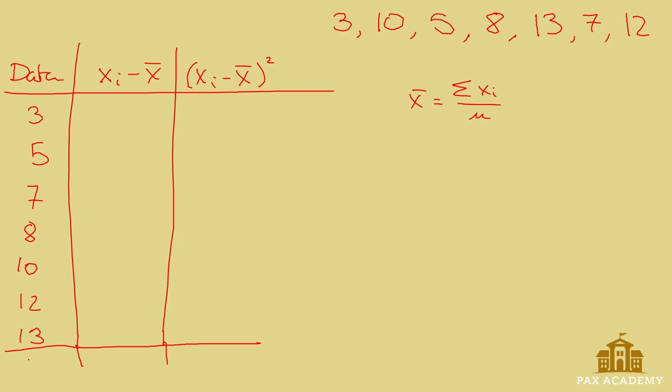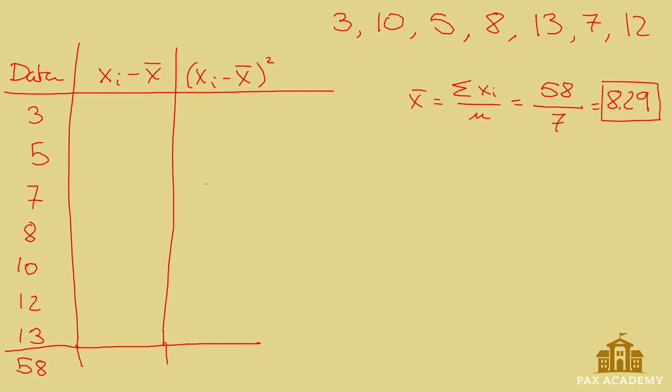Okay, we get 58. This is the sum of all the data points. Then the sample mean is 58 over the sample size, which we know is 7, because we have 7 data points. Therefore, the sample mean is equal to 8.29 approximately.